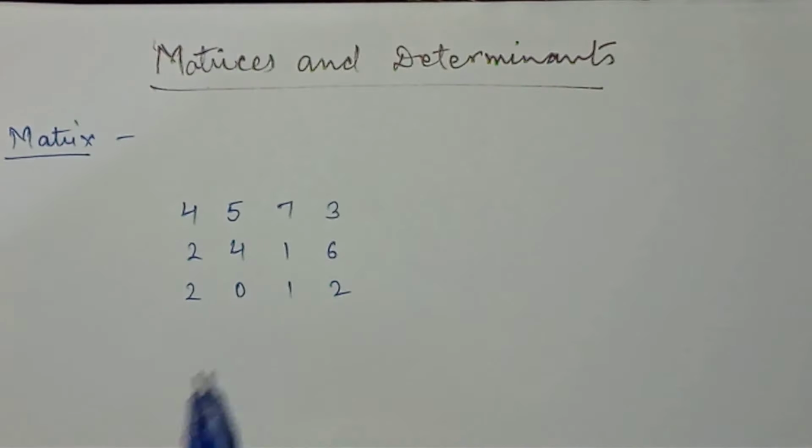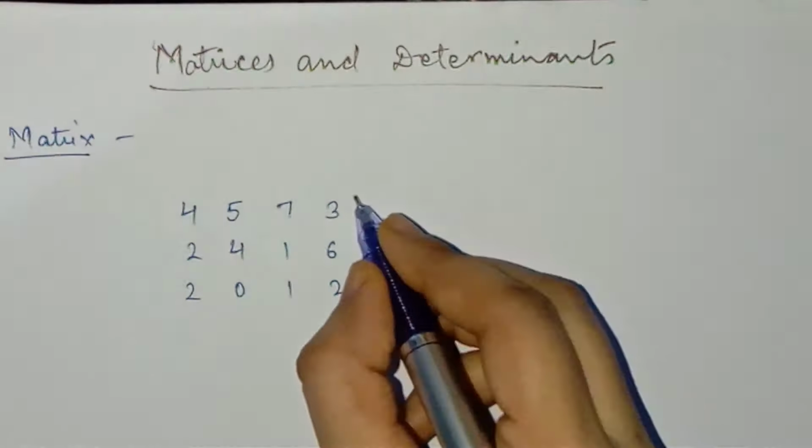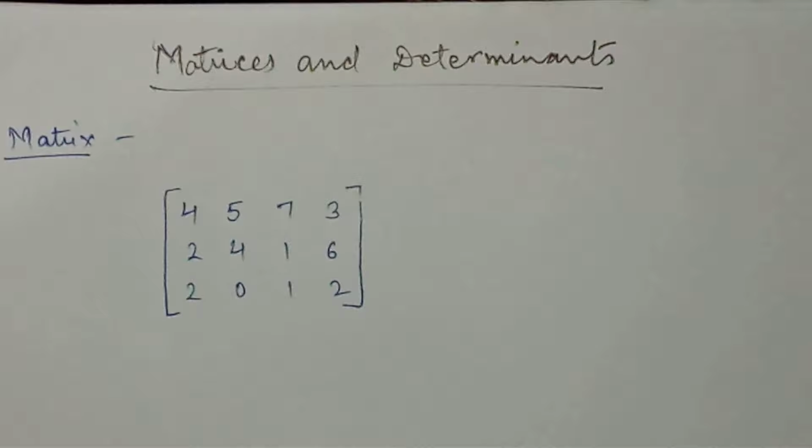So this cannot be called as a matrix until and unless we enclose this arrangement by brackets. So only then it will be called as a matrix.